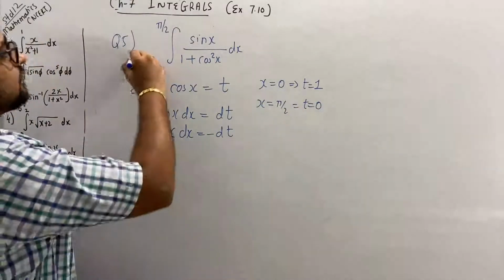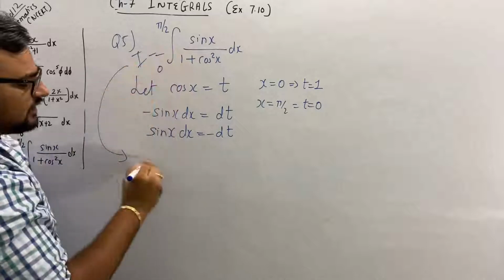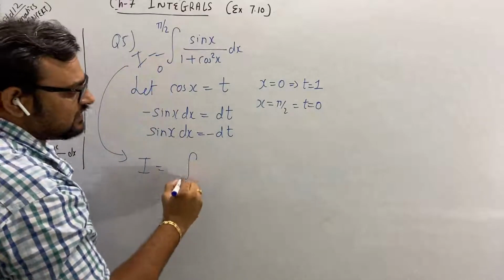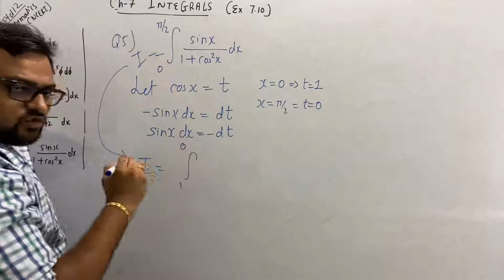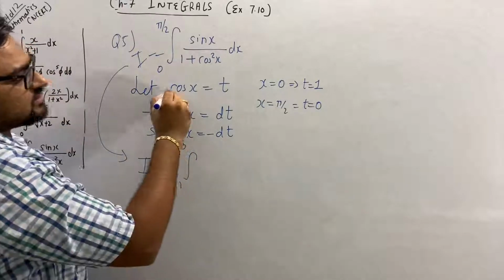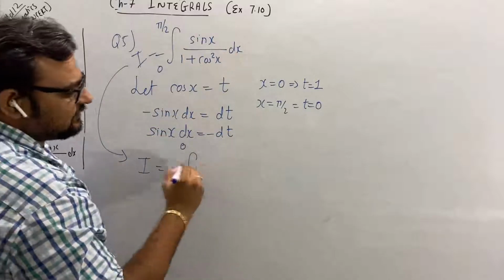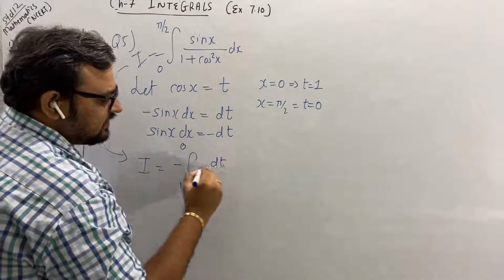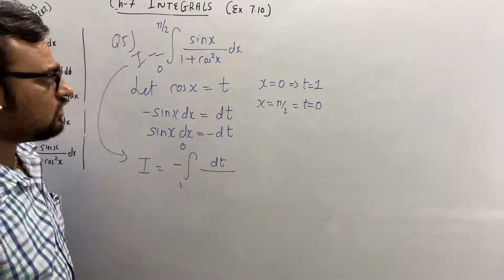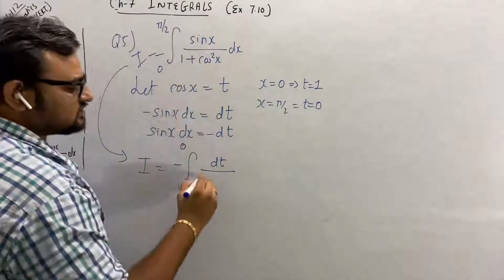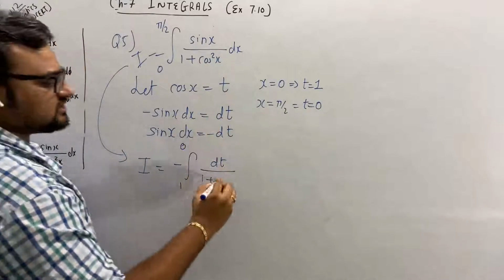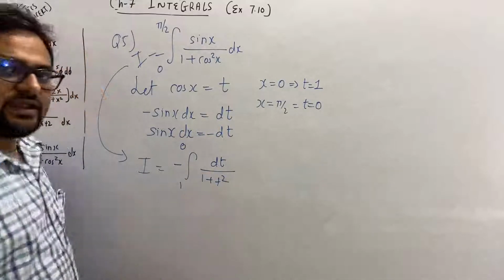So replacing it, I will get integral from 1 to 0, instead of sin x dx, I am writing minus dt upon 1 plus what is cos? This is t square. Okay.